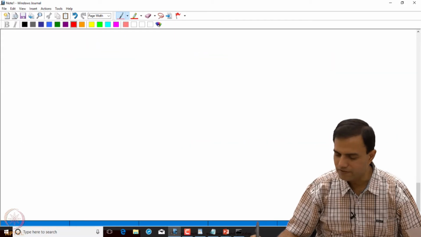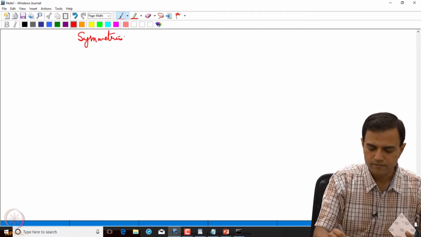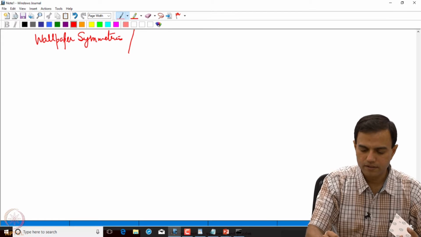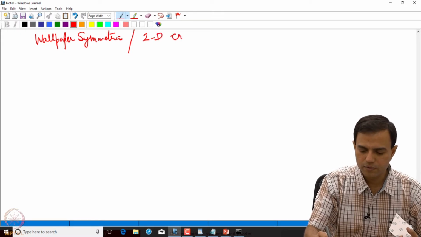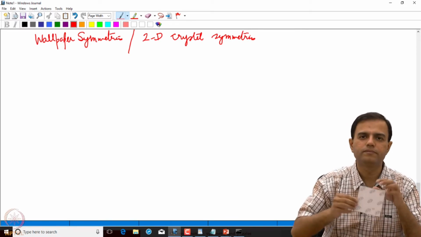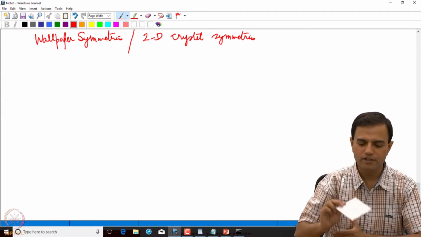So let's discuss what kind of symmetries are there in the wallpaper symmetries or 2D crystal symmetries. Take this one. I mentioned 4 types of symmetries. Which one do you observe here? Only translational, right?